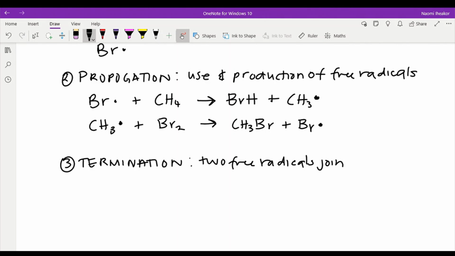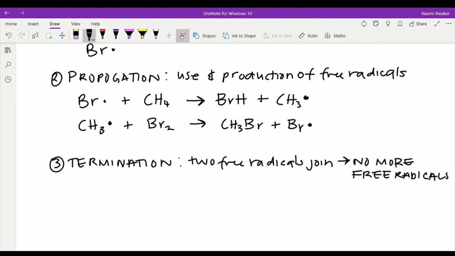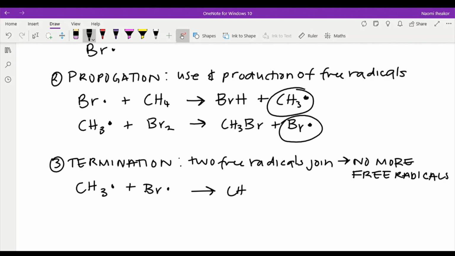So for example, if we take this CH3 free radical and join it with this Br free radical, we're going to end up with CH3Br. Because we reacted two free radicals together, our product is not going to be a free radical.